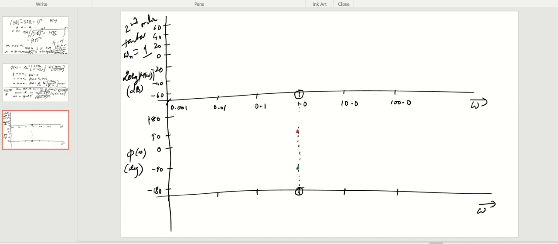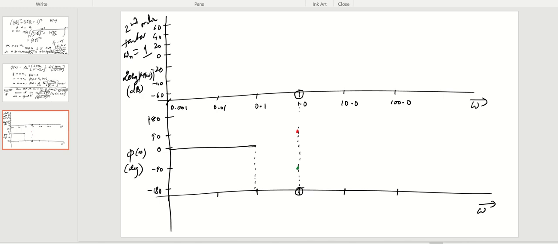Some books go one decade below and one decade above. Some books go one fifth of the break frequency below, and five times the break frequency above. So let me just draw it till here.